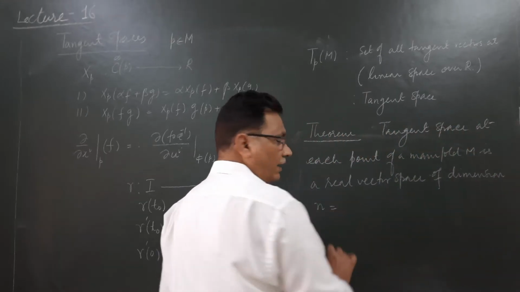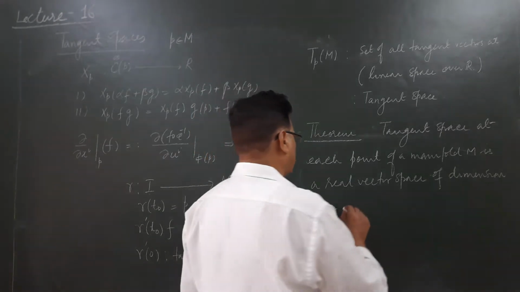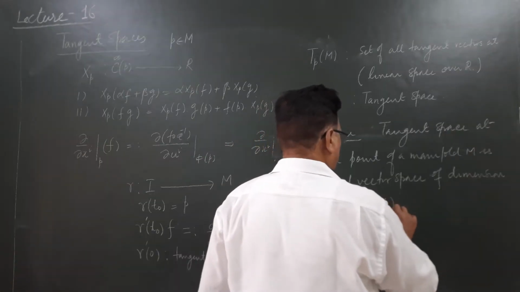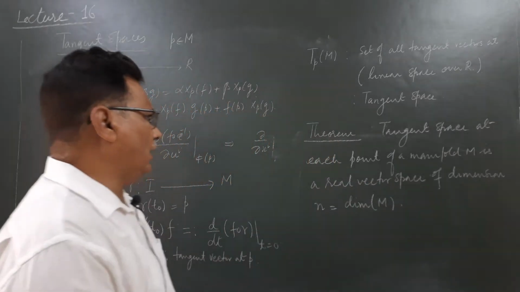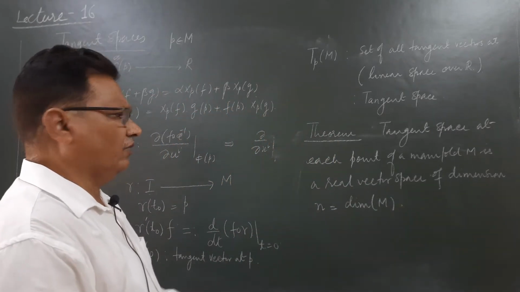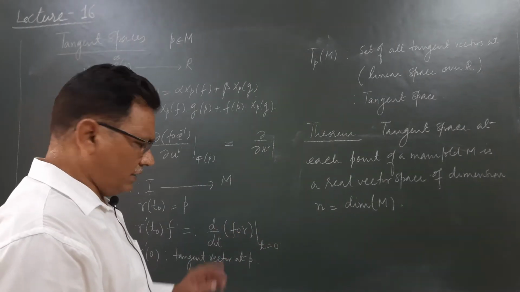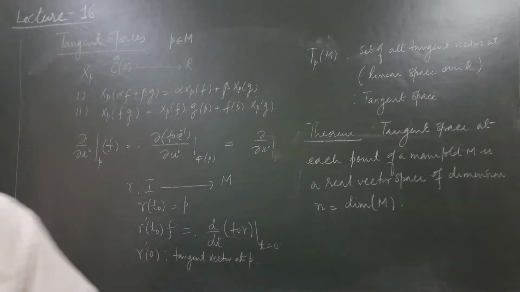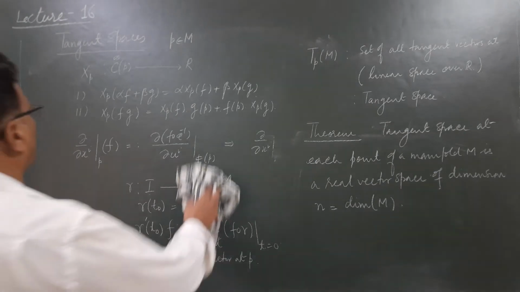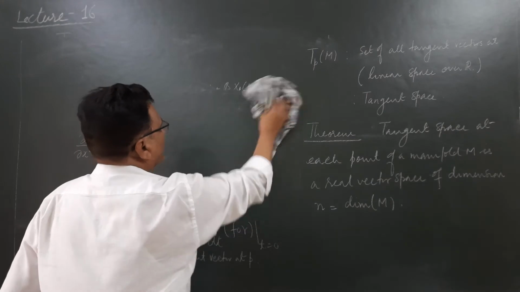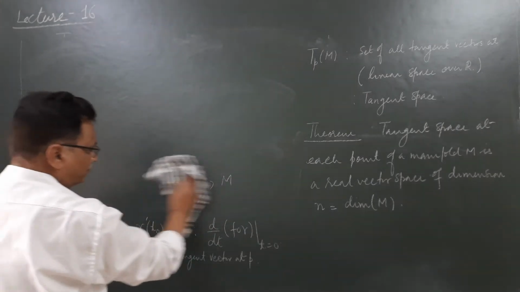What is n? n is the dimension of the manifold. Half of the theorem we have already proved, that the tangent space is a real vector space. This fact we had proven earlier, and now I will find a basis that will give me the dimension of the manifold.